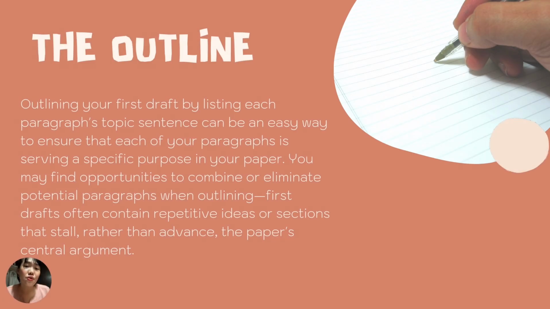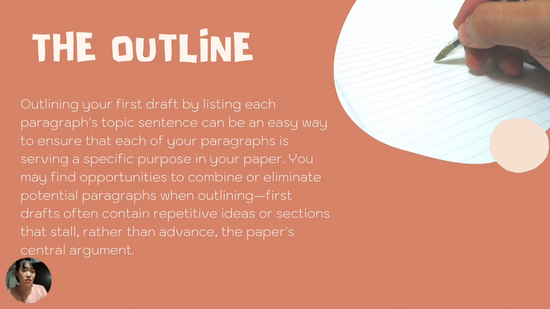Moving on to the other way in making a draft is the outline. So outlining your first draft by listing each paragraph's topic sentence can be an easy way to ensure that each of your paragraphs is serving a specific purpose in your paper. You may find opportunities to combine or eliminate potential paragraphs when outlining.